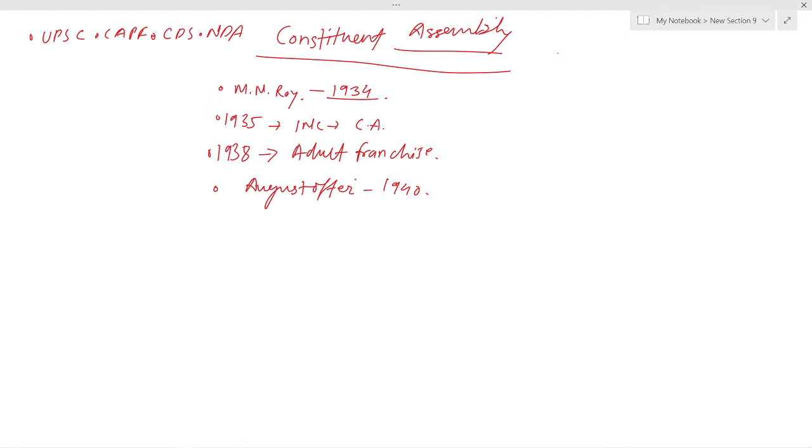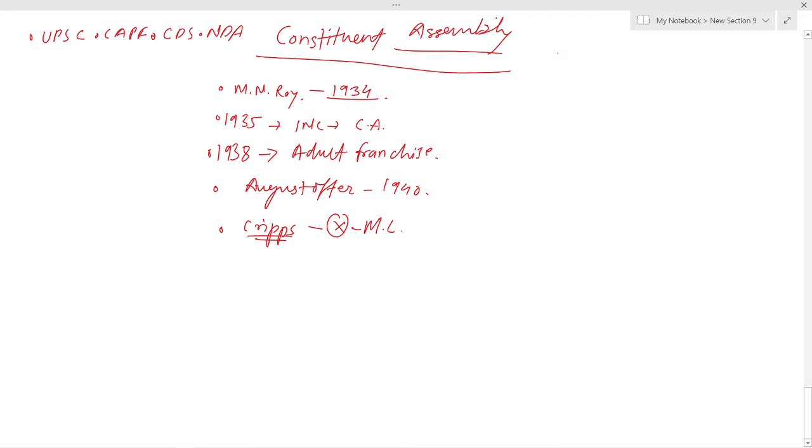The Cripps proposal was rejected by the Muslim League, which wanted the division of India into two dominion states with two separate constituent assemblies.